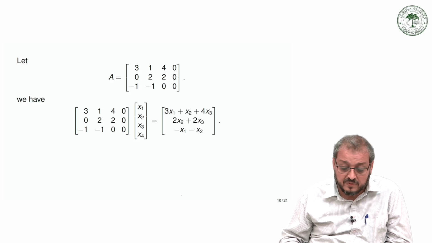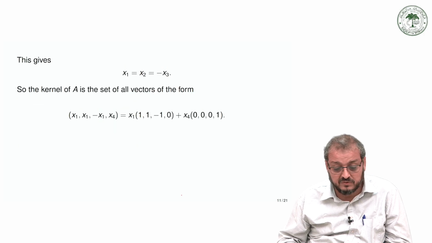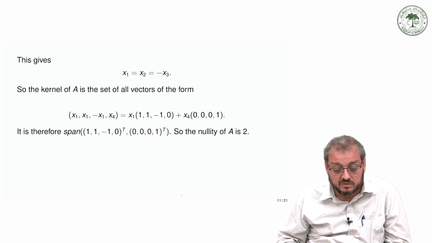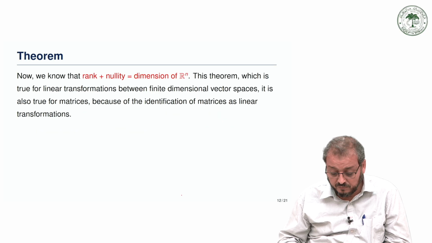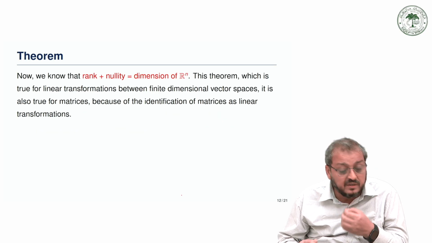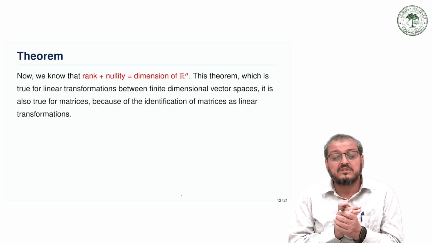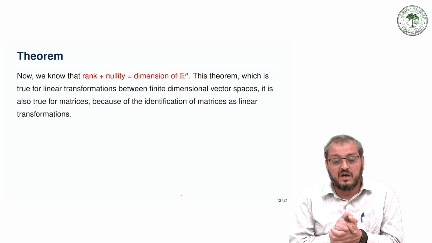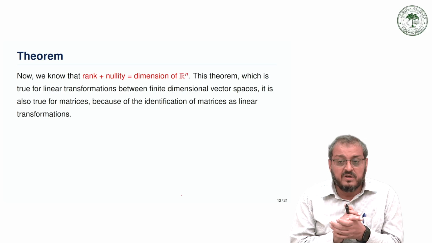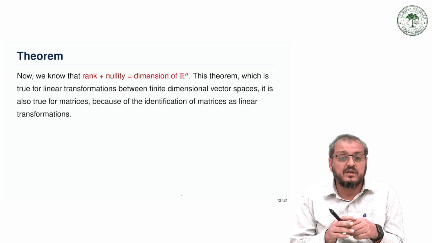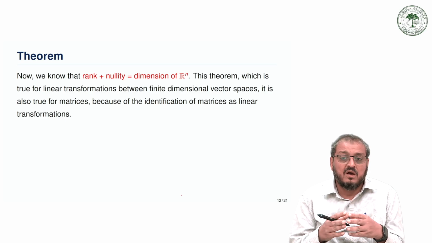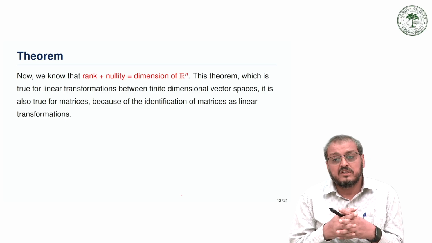So the nullity of this is equal to 2. Now we know that rank plus nullity is equal to the dimension of Rn or Vn. This theorem is true for a linear transformation between finite dimensional vector spaces.